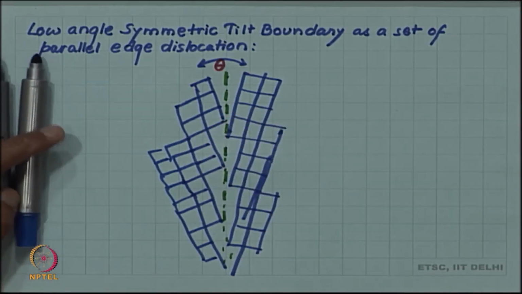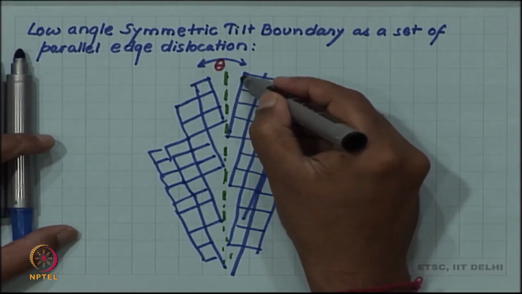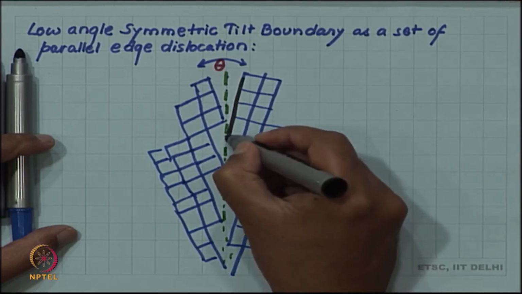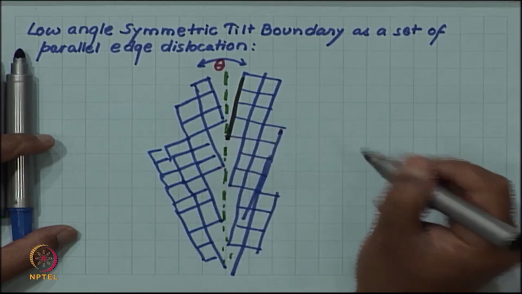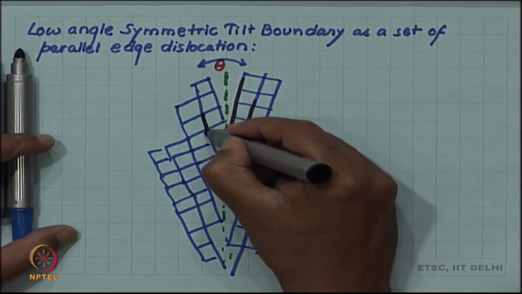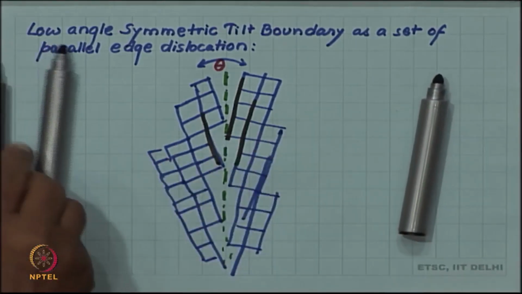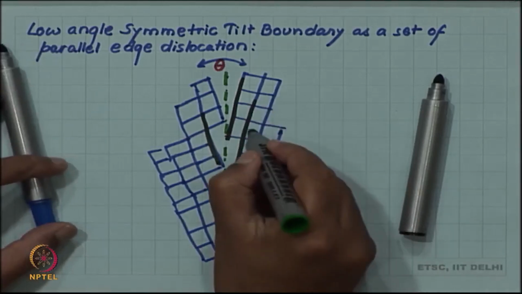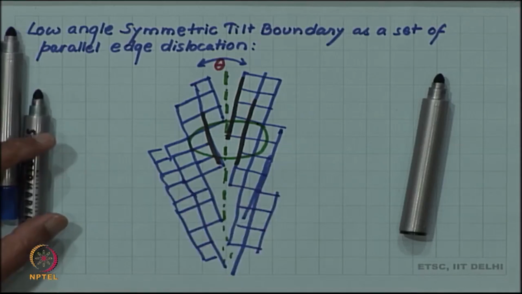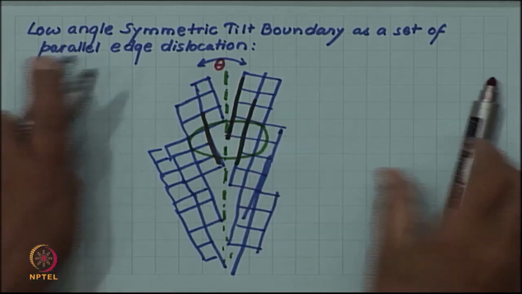Now, what I was trying to show you in the model also, and now I will show you in this drawing, is that if I think of this plane, then I find that this plane in the crystal suddenly abruptly ends here, whereas the neighboring plane, this plane and this plane continues. So, locally in this region, this abrupt ending of this plane acts like an edge dislocation.